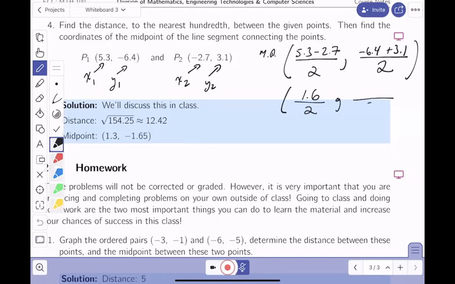Comma. This is 2. This will give me minus 3.3. All right. I think I can divide 1.6 by 2. Right? I'm sorry, that's 2.6. Made a mistake there. 5.3 minus 2.7 is 2.6. I apologize. 2.6 divided by 2 is 1.3.